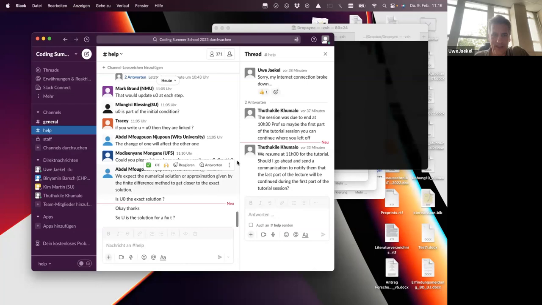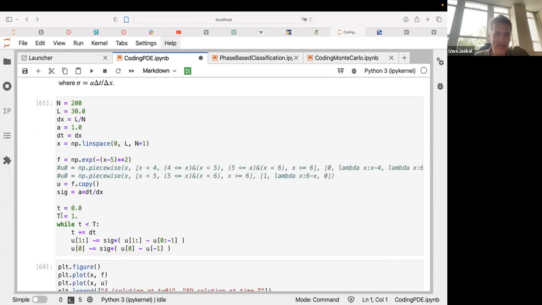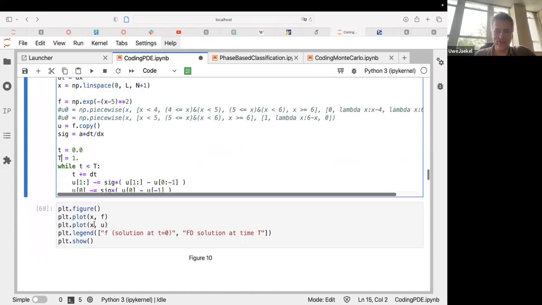So U is this solution for a fixed time t, this is capital T. I iterate this again and again until I have reached the solution.